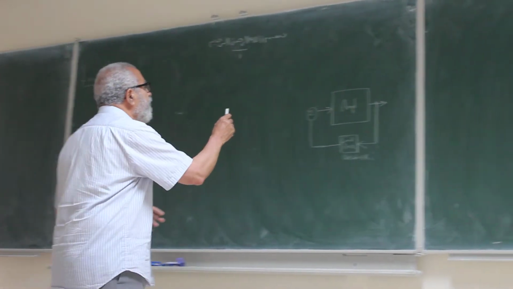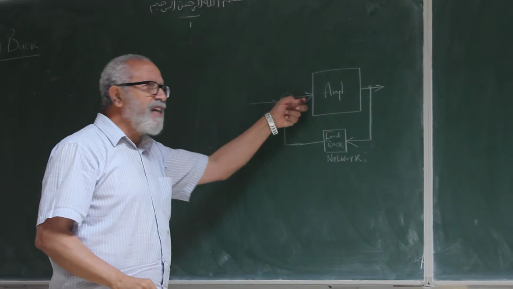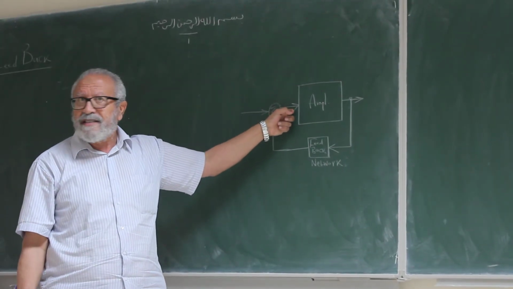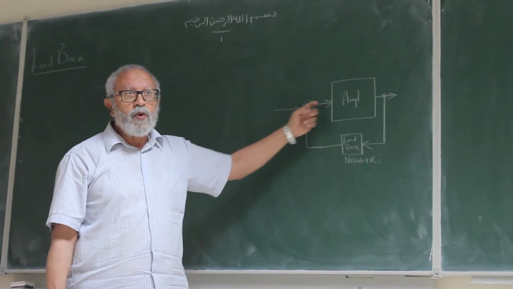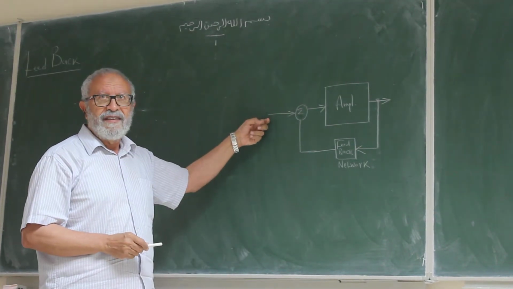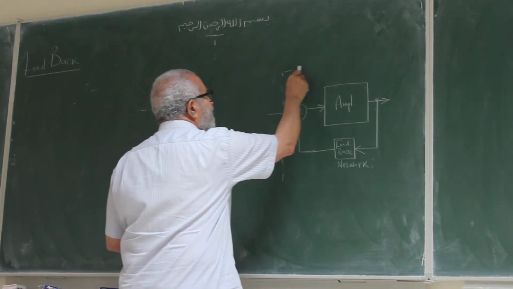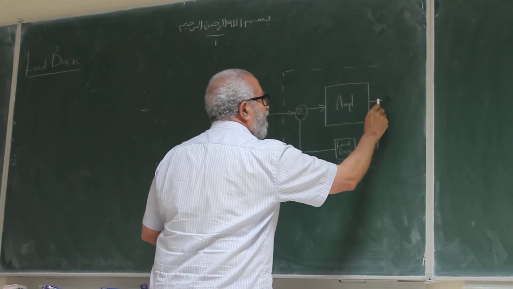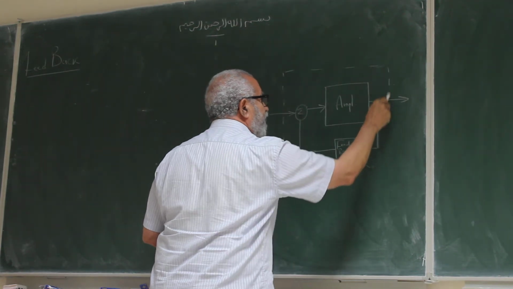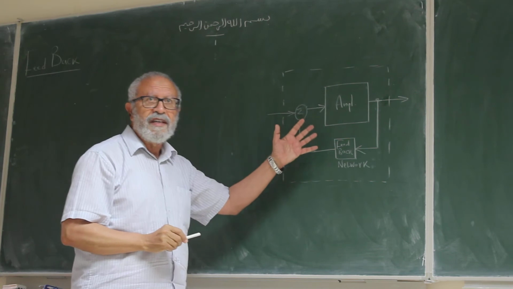Now the original input will be here. This is the input of the amplifier. But what is the input of the whole network? So here we now have a new box. What is this box? If we want to describe it, how do you describe this?